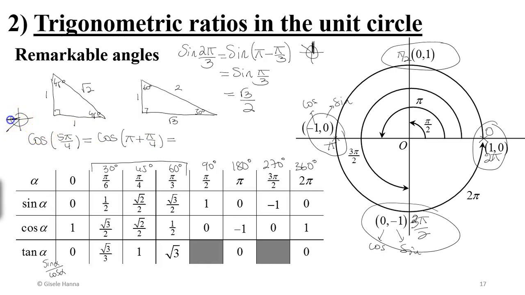In quadrant 3, cosine is negative. So that's negative cosine of pi over 4, which is negative square root 2 over 2. So this is how the transformation formulas could be used to determine exact values of some trigonometric ratios if they are not remarkable angles, but they could be deduced from remarkable angles.